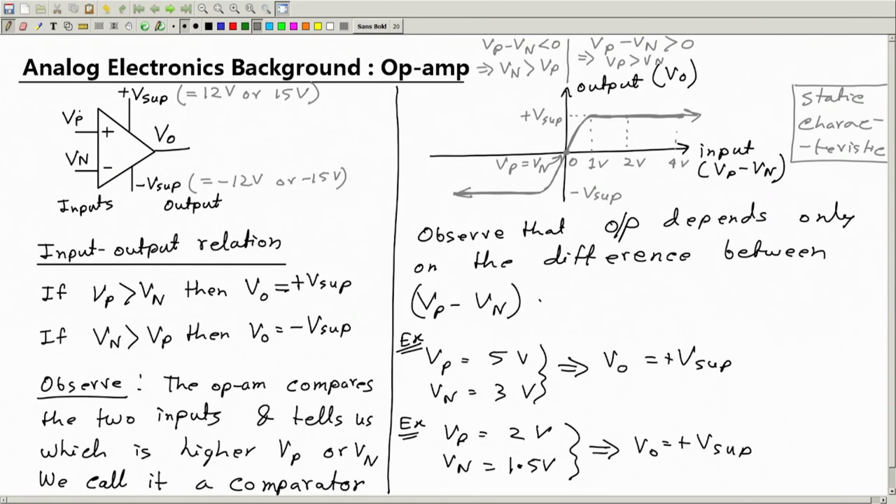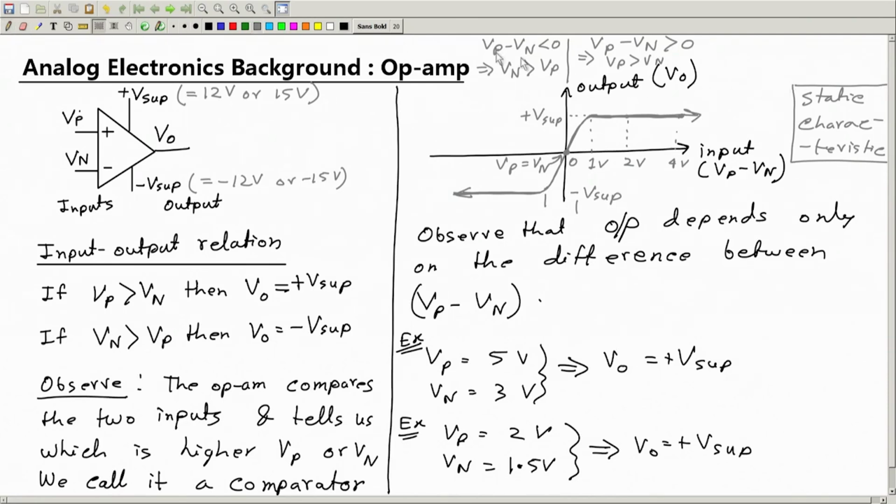And at this moment I do not bother much whether this is a straight line or a curved line. The important fact is that near this region, where VP is close to VN, output changes gradually from negative to positive.